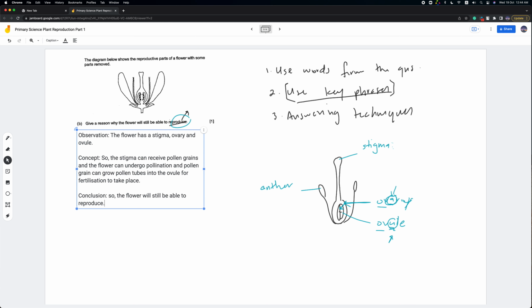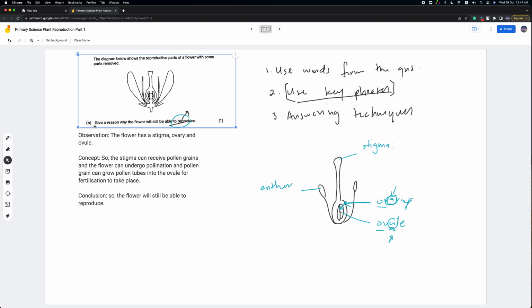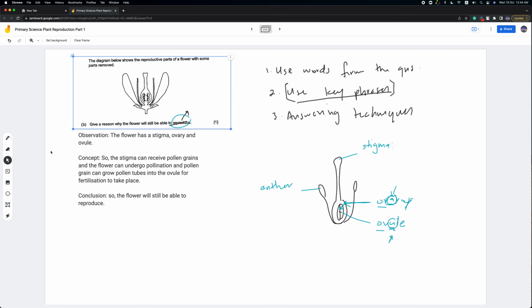Now, even though this is a give a reason question, it's still good to approach this in an explain style because of the word why. Give a reason why. So if you see the word why in give a reason, just don't risk it. Answer the question in an explain manner.